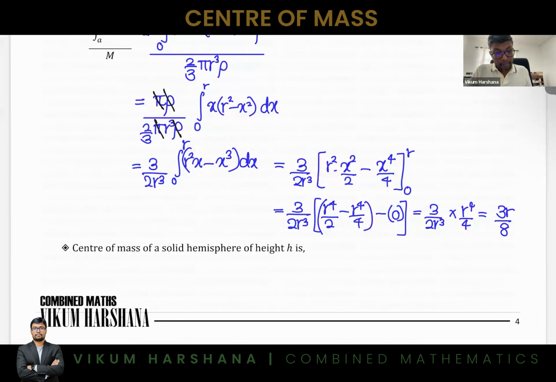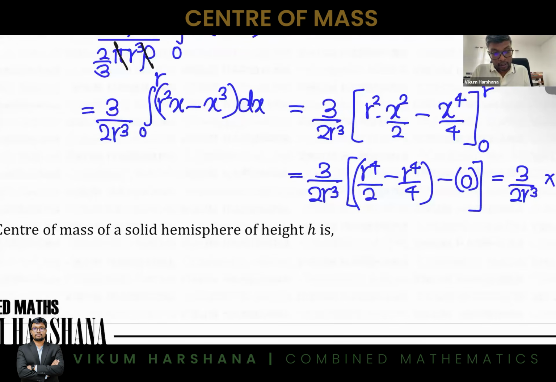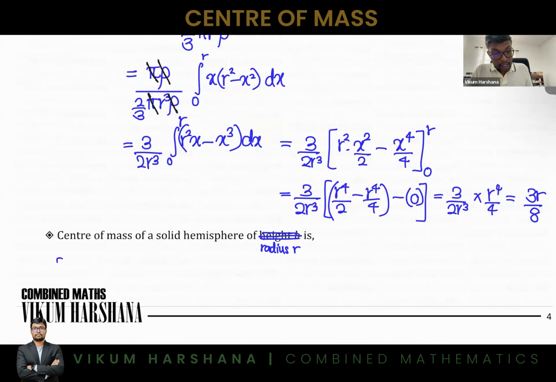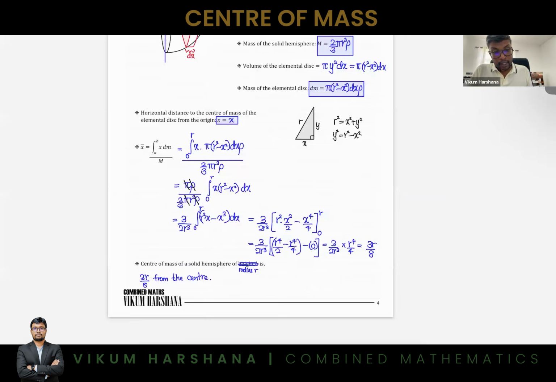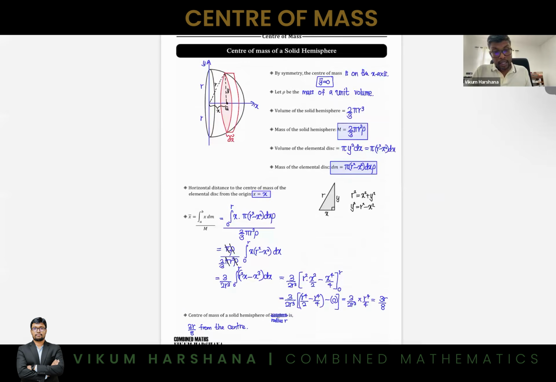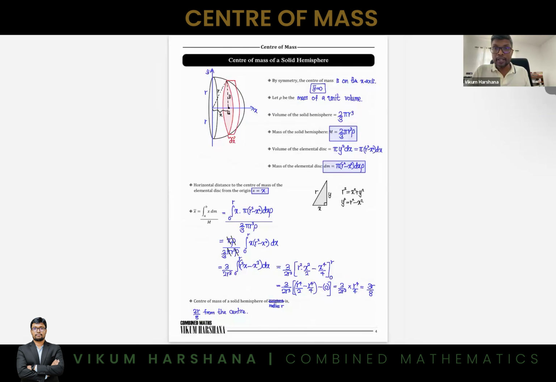So the center of mass of a solid hemisphere of radius r is 3r over 8 from the center. Yeah, so that's it for the center of mass of a solid hemisphere.